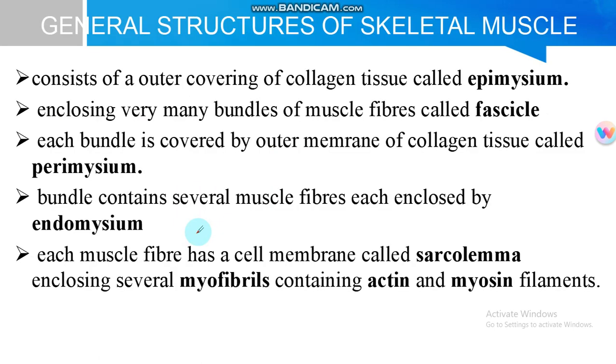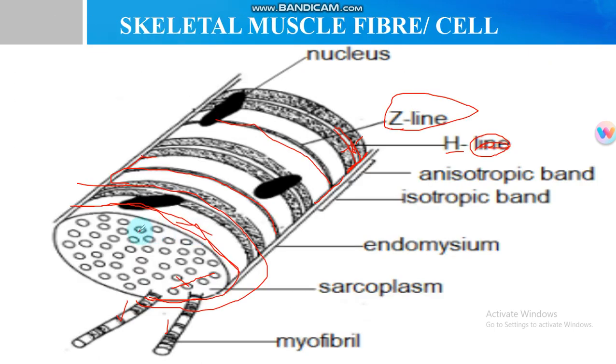Let's try to see it here. So where is the first Z line? This is the Z line here. This is one Z line. Then there is another Z line here. So the region between these two, from this point up to this point, is what we call the sarcomere, between two adjacent Z lines.